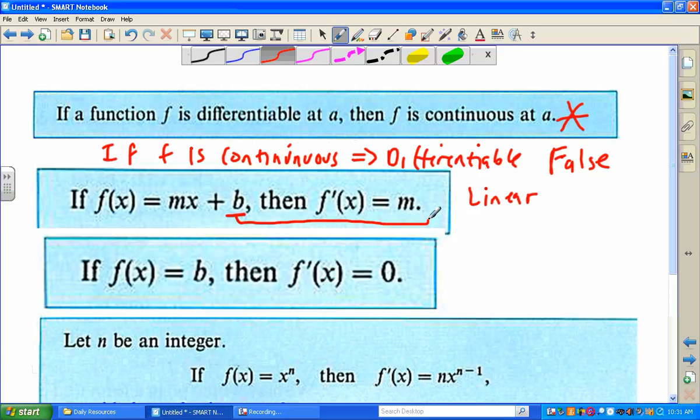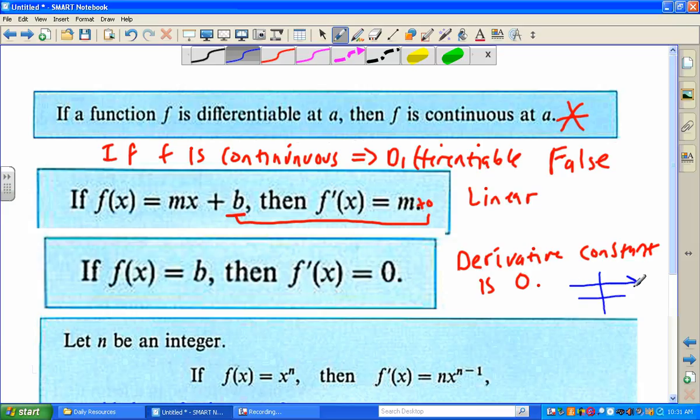The b turns to 0, as evident in this last one right here. The derivative of a constant is 0. Okay? The derivative of a constant is 0. So, why is that? Well, a constant means it's a flat line. If you draw a flat line, what's the slope of the tangent line going to be? 0.